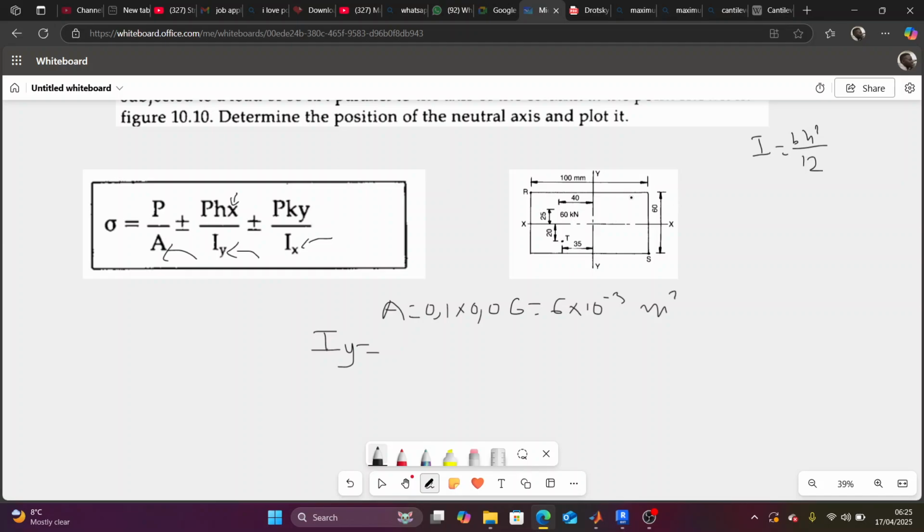So for I_y, it simply means that my base becomes 60. So we're going to have 0.06 times 0.1 to the power cube, everything divided by 12. If you do this calculation, you definitely get 5 times 10 to the power minus 6 m⁴.